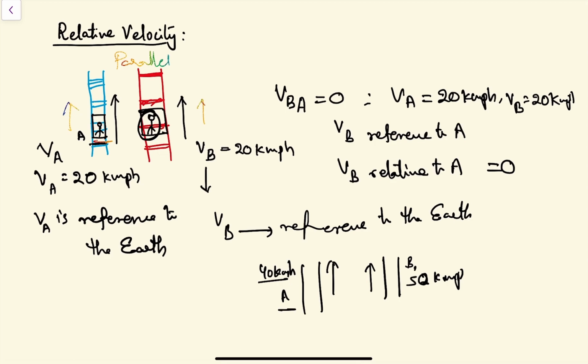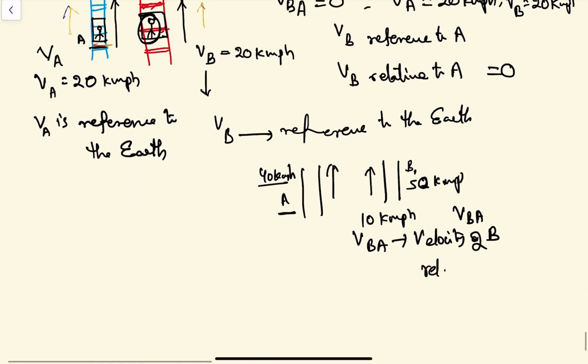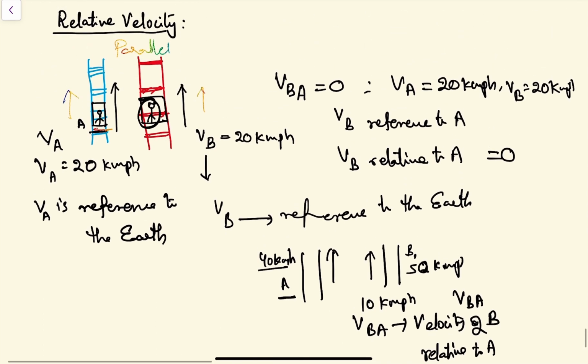If you observe from A, B has a speed of only 10 kmph, as you are observing from train A where you are present. So the velocity of B with reference to A, VBA, means velocity of B relative to A. So this is simple.